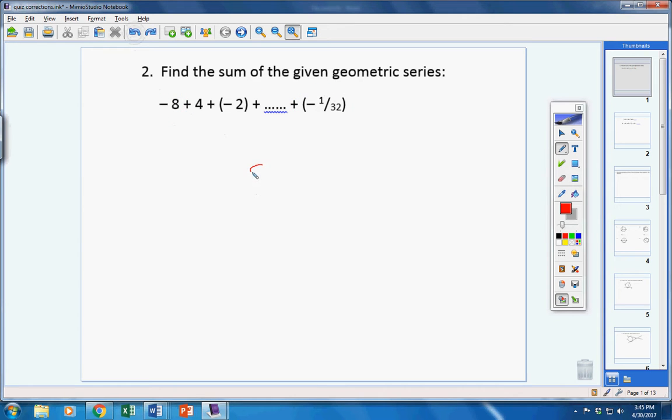So I know the formula I'm going to use is S subscript n equals a subscript 1, parentheses 1 minus r to the n power, all over 1 minus r.